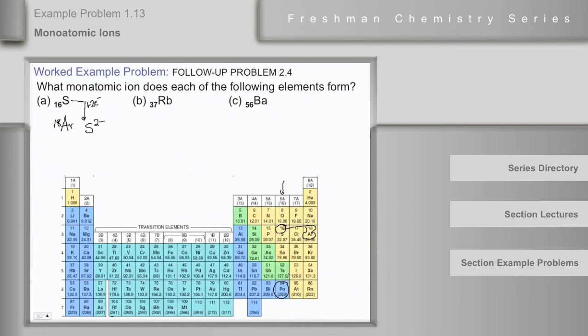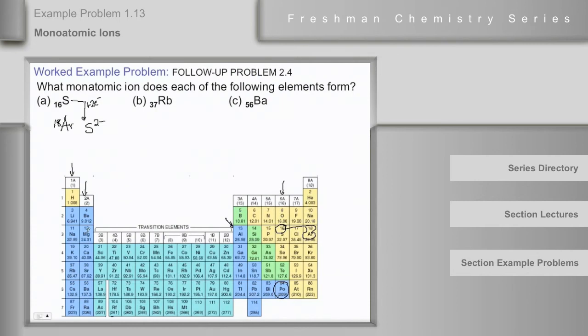If we apply this idea to a metal on the left-hand side of the periodic table in group 1A or group 2A, or perhaps to aluminum in 3A, boron is not really a metal here, these metals have a tendency to form positive ions.